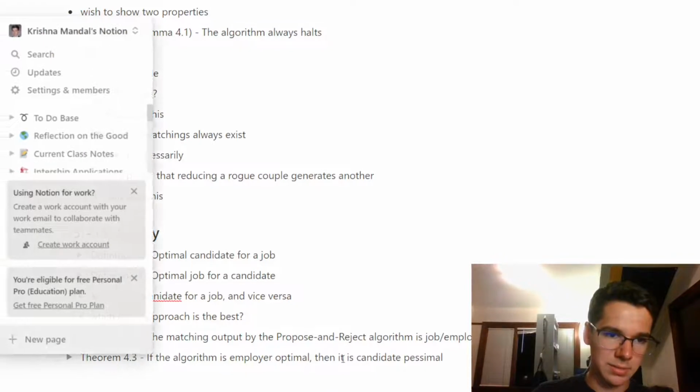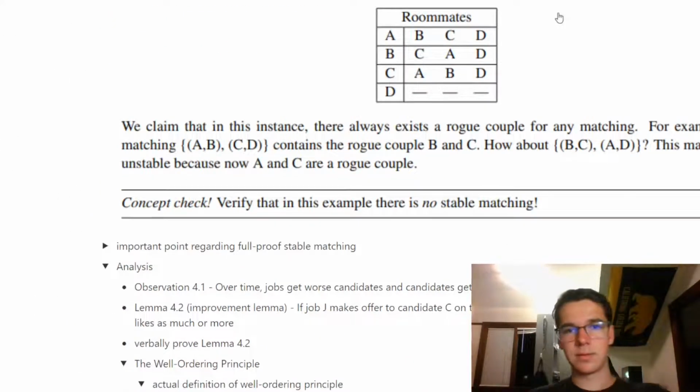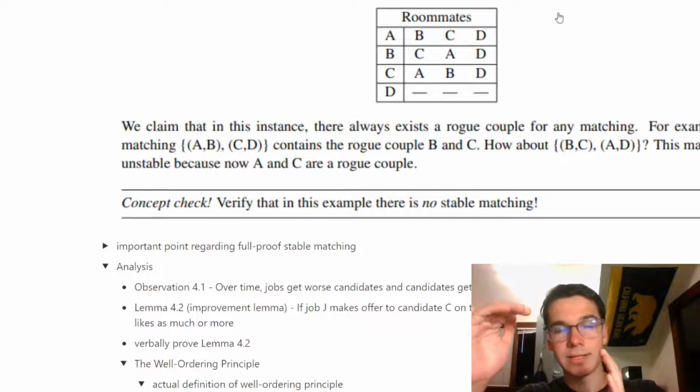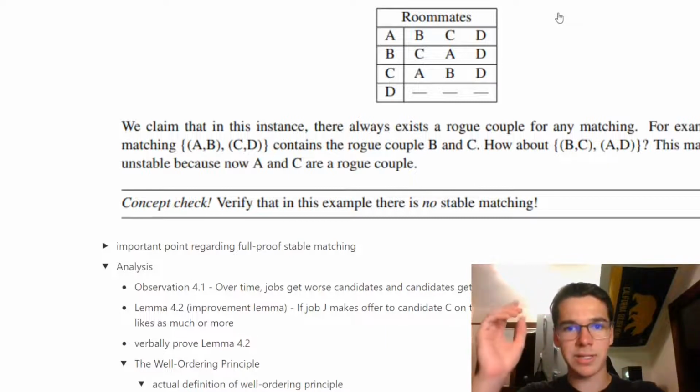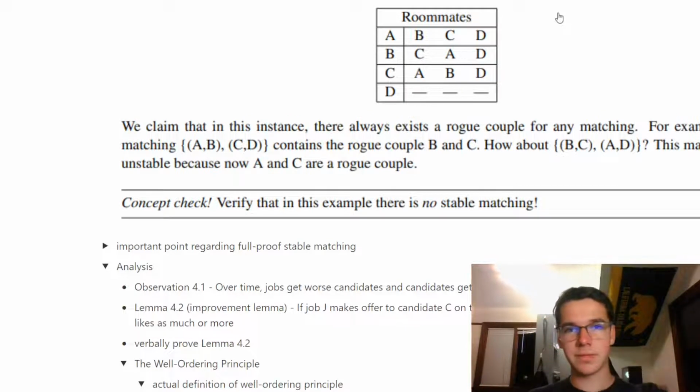But in this example right here, if we have a single category and we try to match up members of that one category to other members of that same category, then as we can see through this example, it causes a whole bunch of rogue couples. So this is roommates.